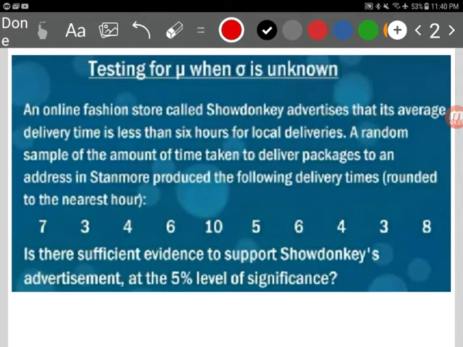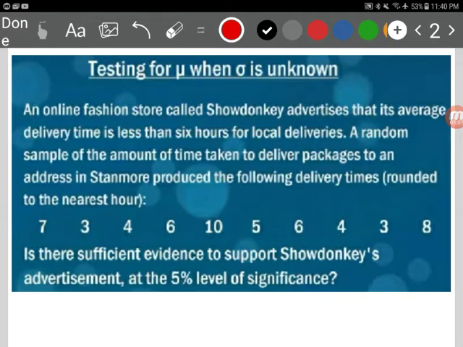Read this question very carefully. I want you to lock in some key points. I want you to lock in that the average delivery time is less than 6 hours. I also want you to look at the different delivery times, which is rounded to the nearest hour. I have 10 different delivery times. And I also want you to notice that the level of significance is 5%. So let's write down some of this information.